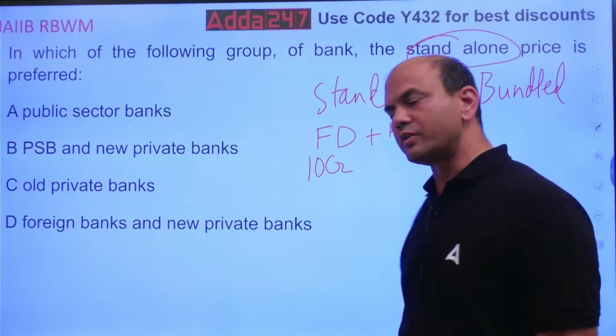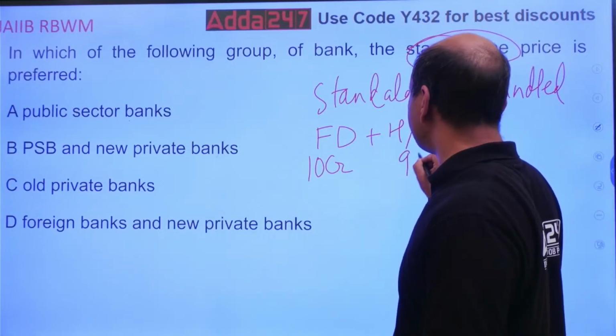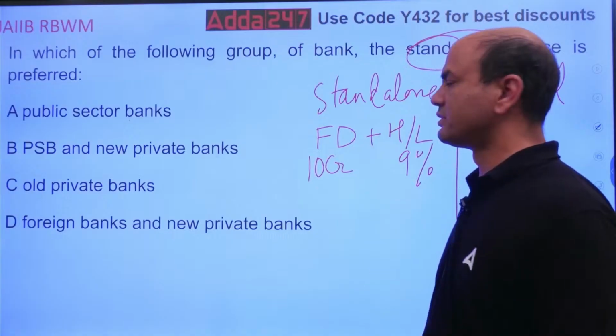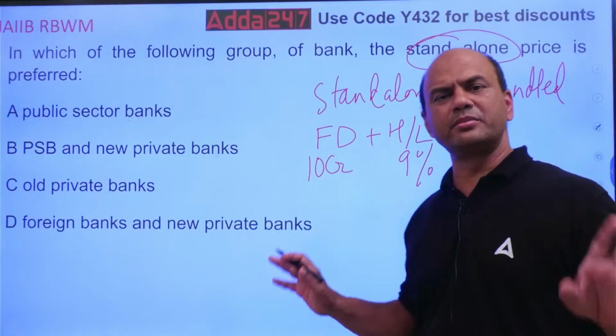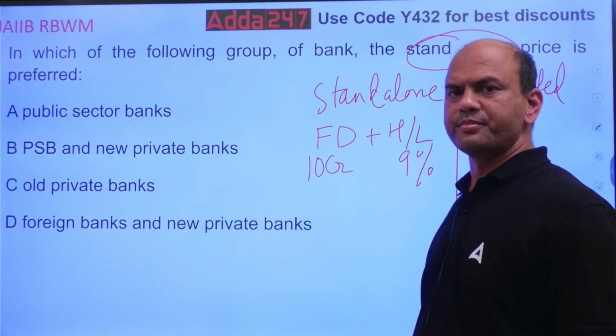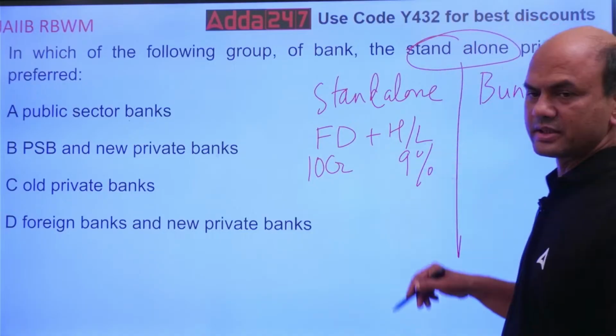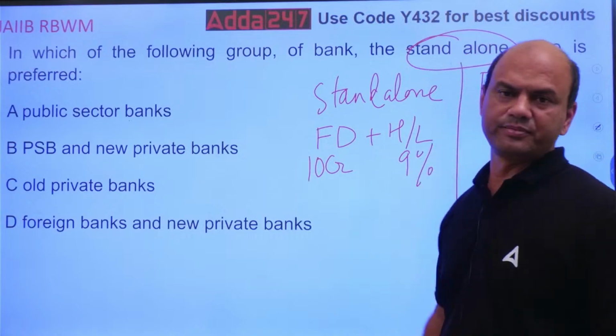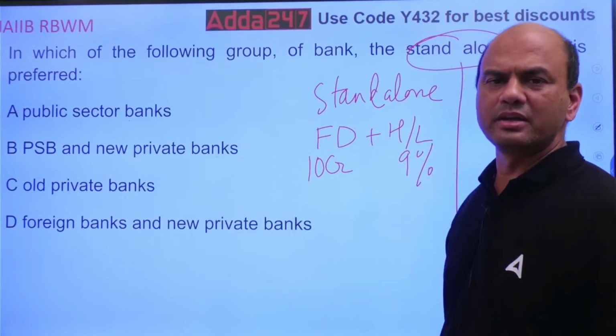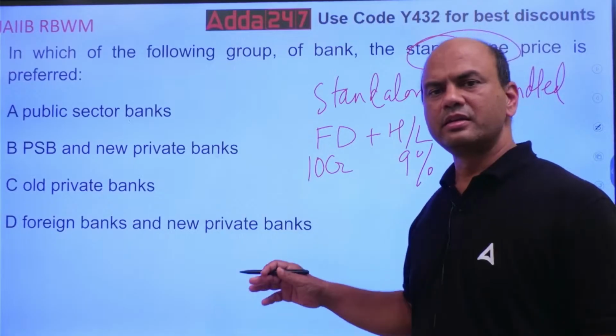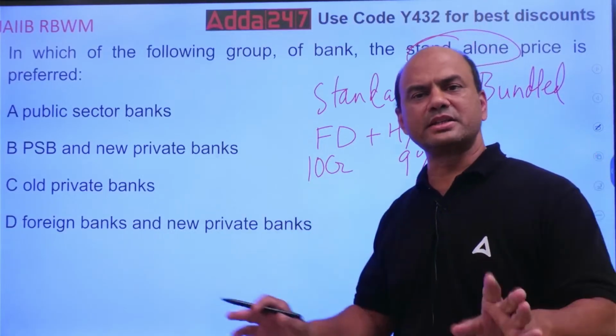Normal customer's rate of interest is 9%. Let's say, I am giving an example, the home loan rate is 9%. In standalone pricing, you will charge me 9% only. You will say nothing doing. Keep your FD aside. My rate is 9%, I will charge 9%.